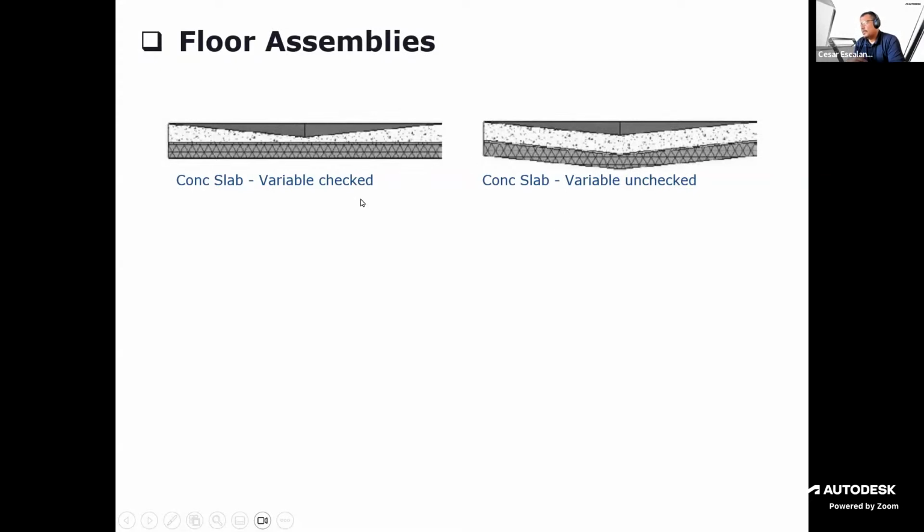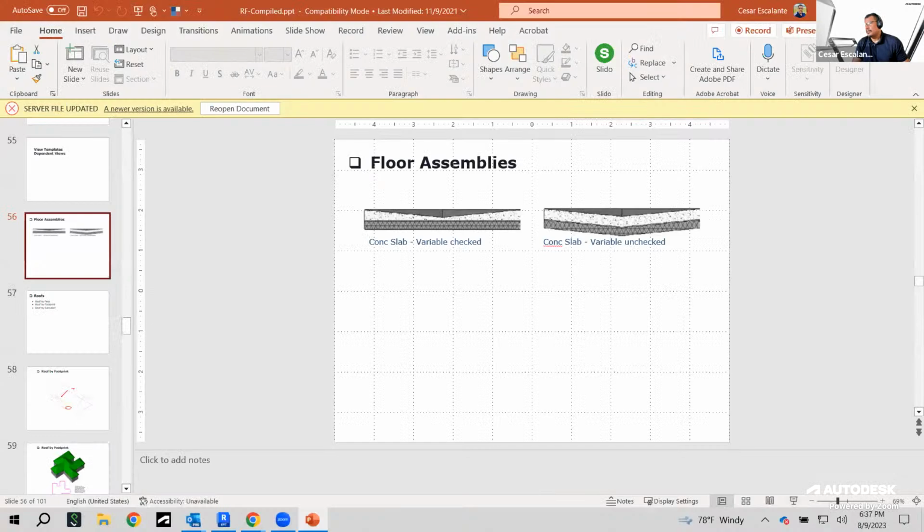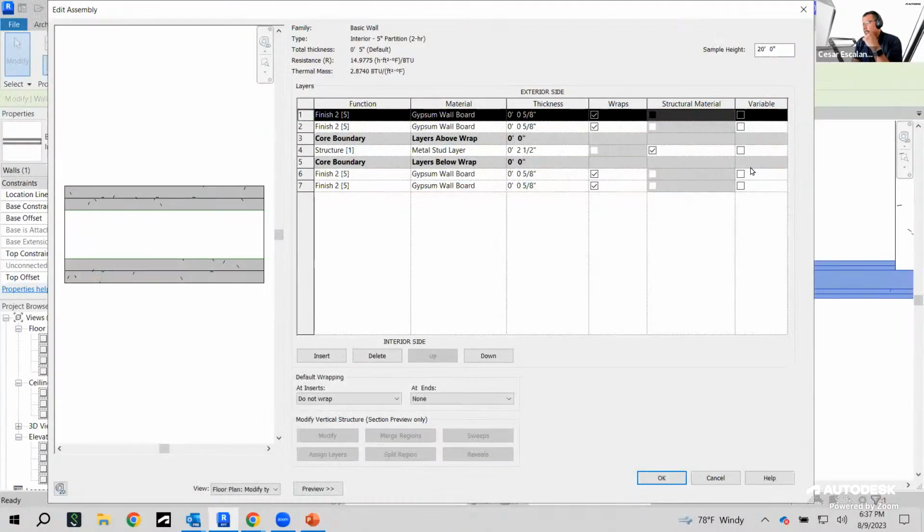And the same happens with roofs and with floors. There are different ways of representing sloping surfaces and making sure that certain layers slope and certain layers do not. That's what this column means.